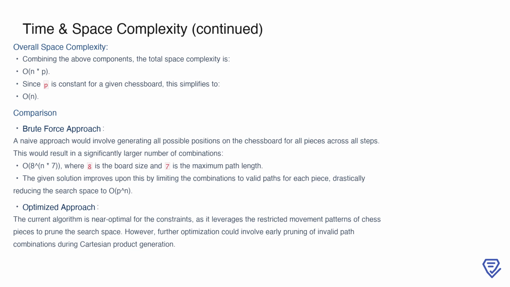In contrast, the given solution intelligently restricts paths to valid movements of chess pieces, which reduces the search space to O(p^n). This is a significant improvement, as the algorithm leverages the movement constraints of chess pieces to prune unnecessary combinations. While it is near optimal for the constraints, further optimizations could potentially prune invalid path combinations even earlier, during the Cartesian product generation phase.